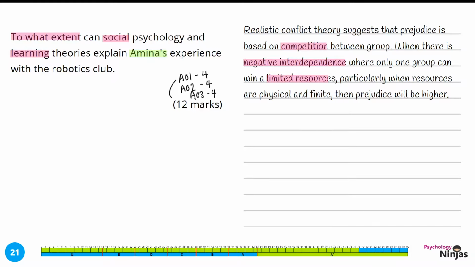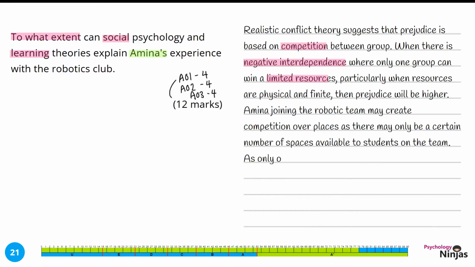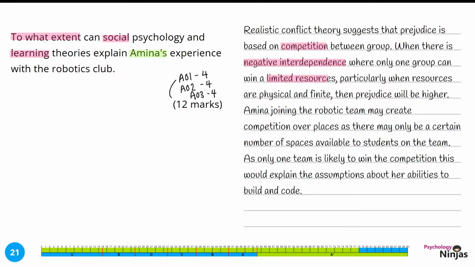We're then going to do our AO2 and apply realistic conflict theory to the STEM. Amina joining the robotic team may create competition over places, as there may only be a certain number of spaces available to students on the team. As only one team is likely to win the competition, this would explain the assumptions about her abilities to build and code.